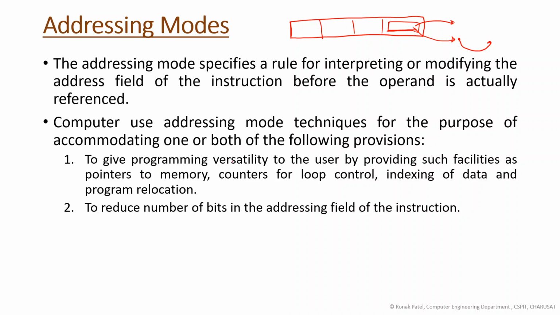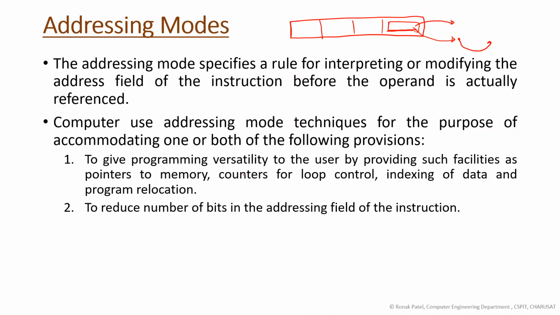One, to give programming versatility to the user by providing such facilities as pointer to memory, counters for loop control, indexing of data, and program relocation. So you can specify the address, and then from that address, it will get the operand.